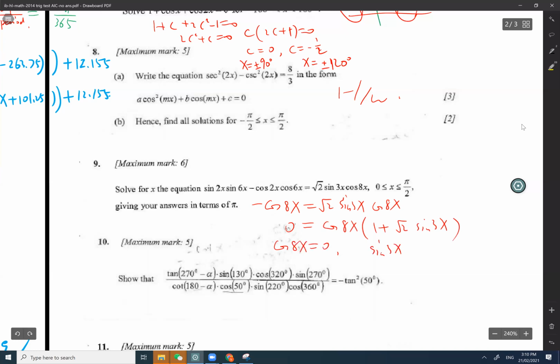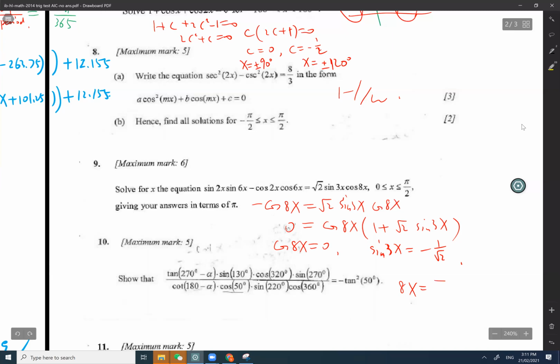Sin 3x equals negative root 2. Okay, 8x equals 0, that means cos 8x equals 0.